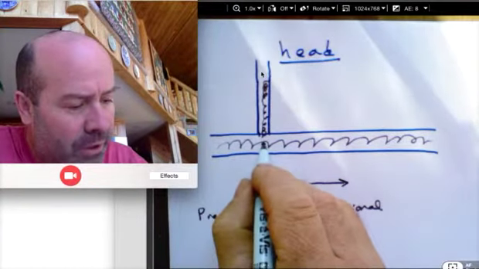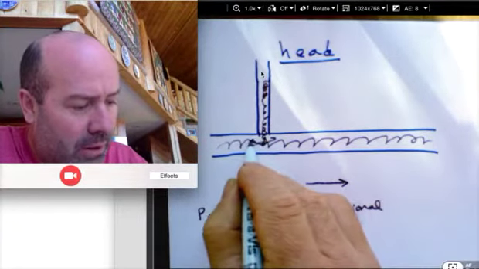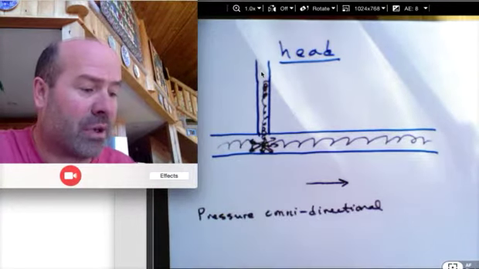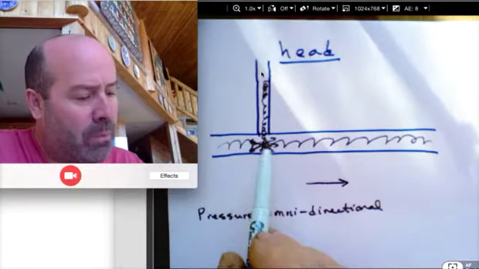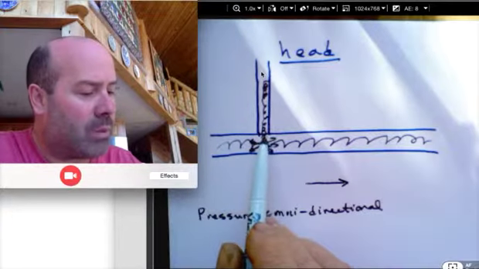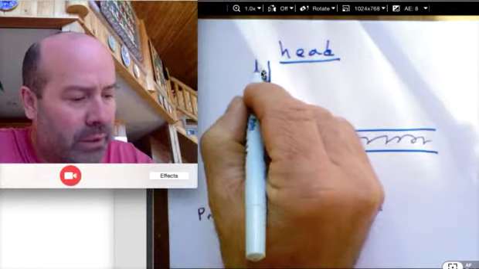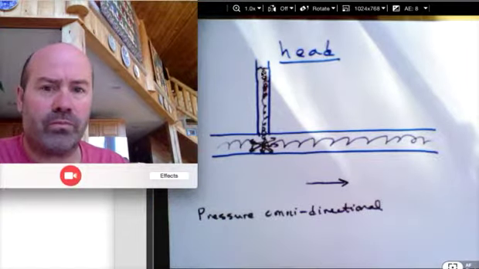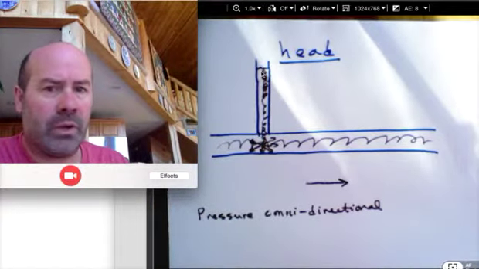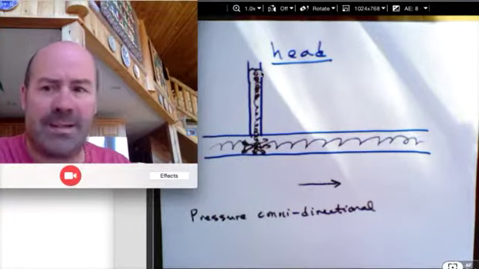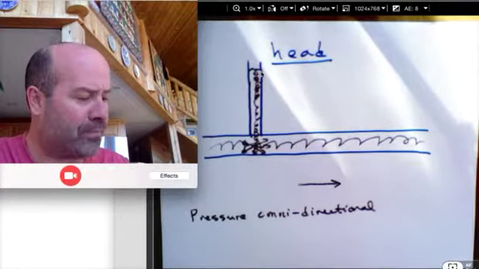So at this point right here, there's a static pressure in all directions. And as we puncture that pipe, water is going to flow up until it will equalize. And we call that the head, the pressure head.